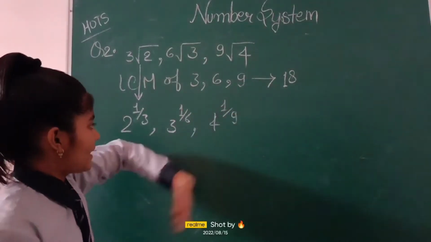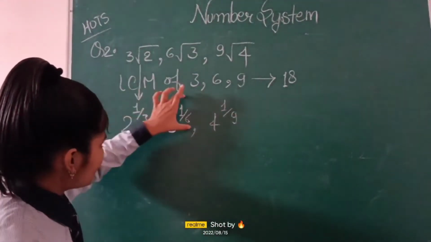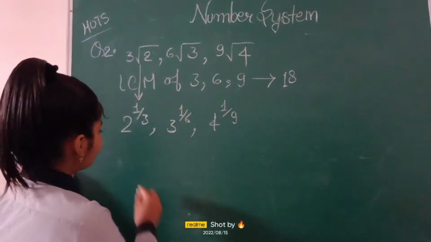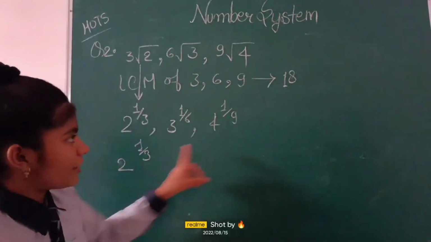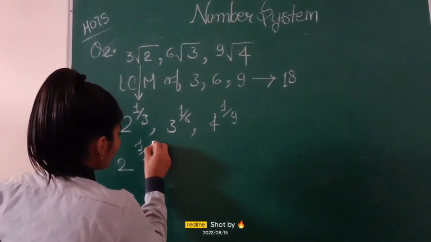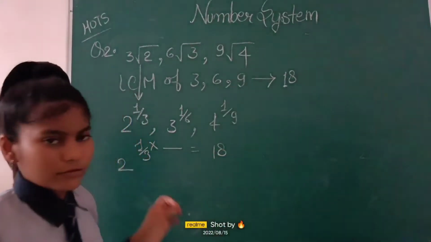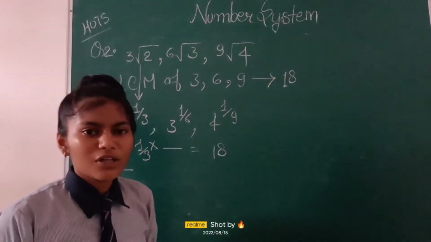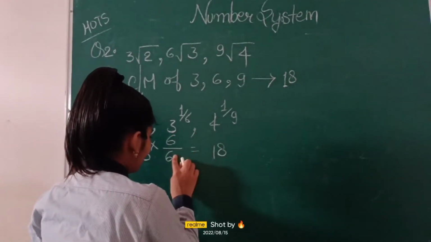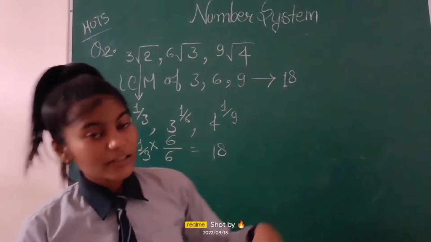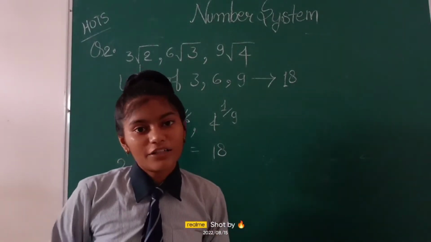Now we have taken the LCM. What we have to do with this LCM, I will tell you. Firstly, see the powers only. You have to make the denominator equal to 18. So multiply by which number will you get the denominator 18? 3 into which number gives 18? 6. So you will have 6 here. If you multiply anything in the denominator, you have to multiply that same number in the numerator.